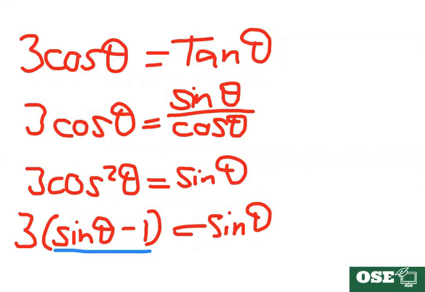It's cos squared theta plus sine squared theta is equal to 1. So why is your cos squared theta equal to sine theta minus 1?